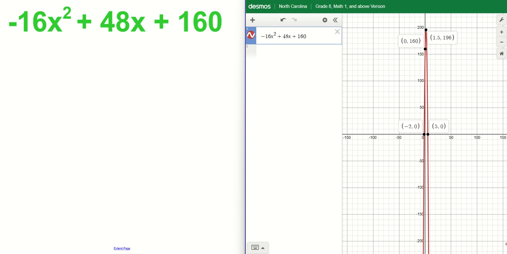How long did it take the ball to reach the maximum height? 1.5 seconds in this case. How many seconds did it take for the ball to hit the ground? 5. Y'all can see basically any type of question we're asking, Desmos will show you those points. Those points are what we're using. Everybody kind of follow? Any questions so far?